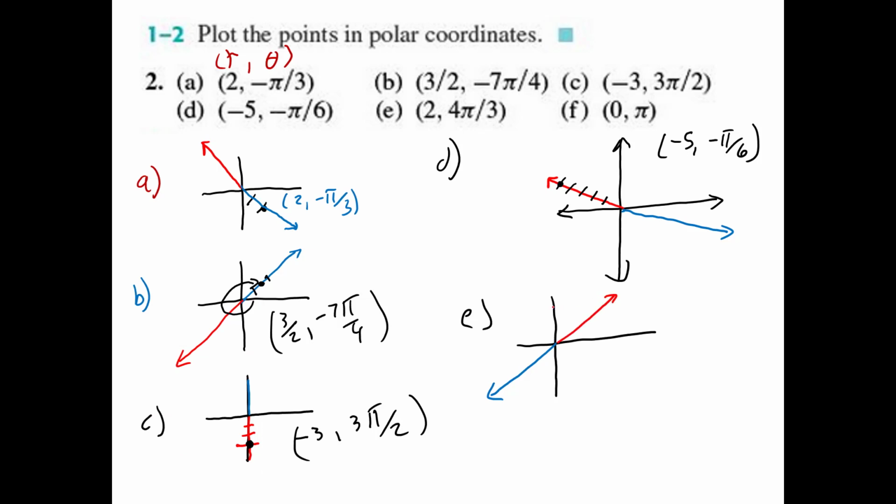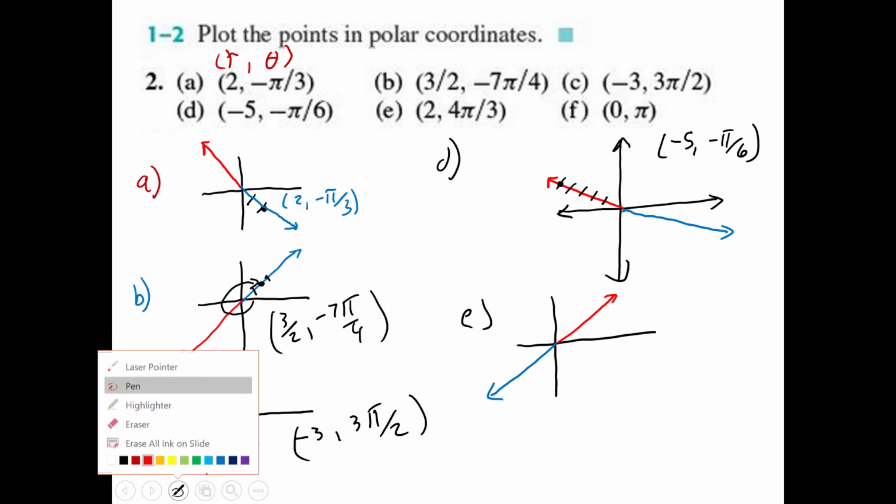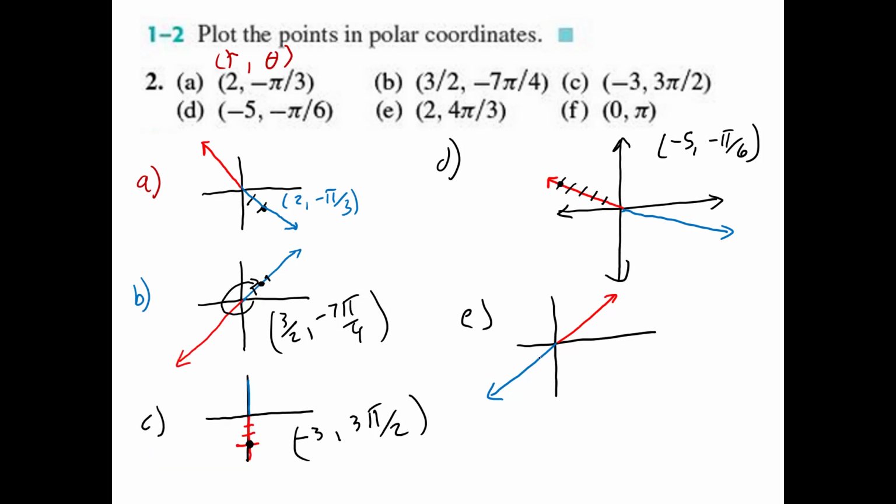Your r value is positive 2, so you walk 2 units along the positive axis. 1, 2. And so then you are right there. And so this would be 2 comma 4 pi over 3.